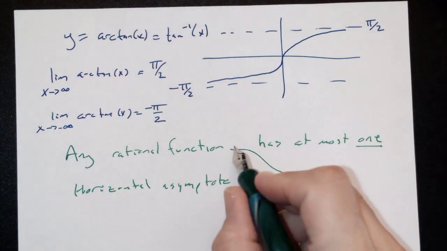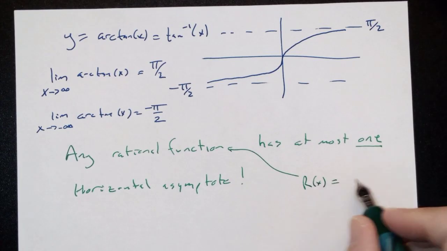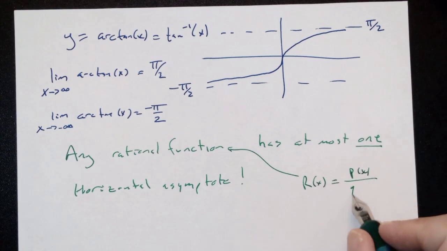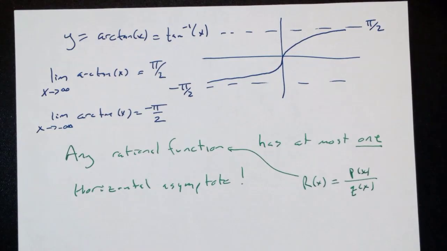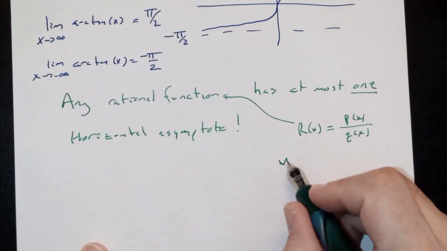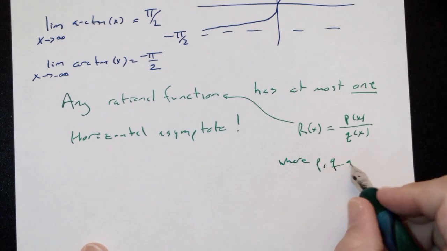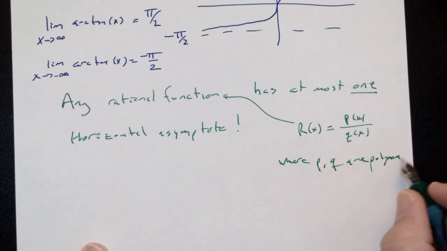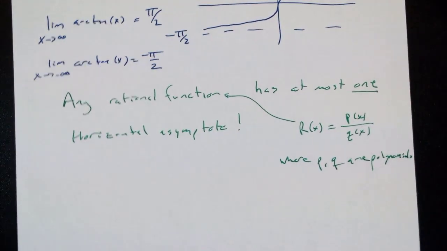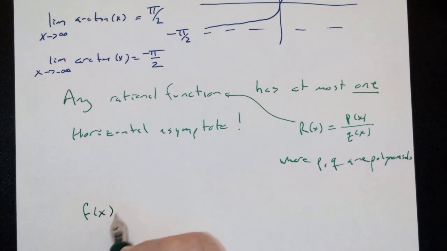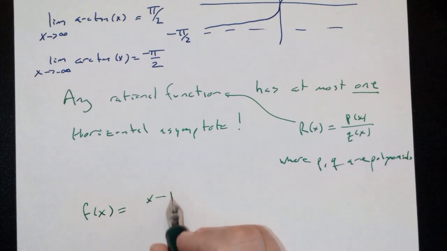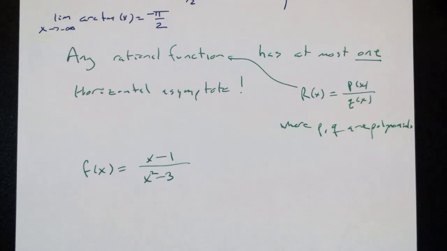So a rational function is a function that looks like that rational idea, but the top and the bottom are polynomials. So something like this. That is a rational function.